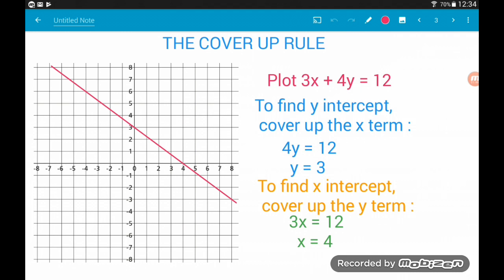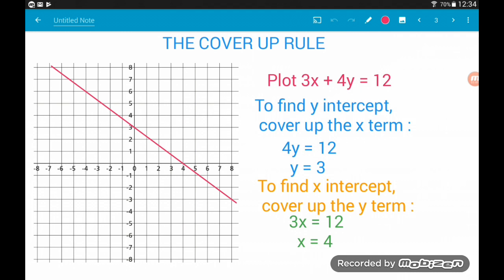All that we need to be able to plot a straight line is 2 coordinate points. If we have 2 points that we can plot, we can draw the straight line. So when we have an equation like this, we can really easily find the points of intersection with each axis. Remember that the x-axis is really the line y equals 0, and the y-axis is the line x equals 0.